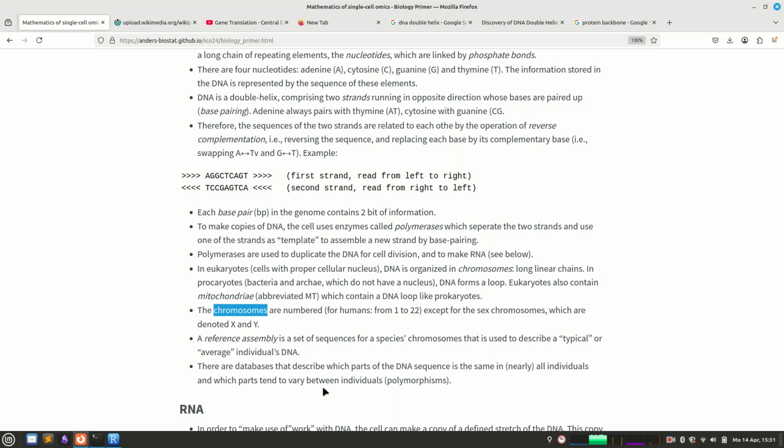So it makes sense to write down the typical sequence of chromosome number 1 of a human, which is then simply a text file with 100 million letters, which are either A, C, G, and T. And you can download exactly this as one long text file just with As, Cs, Gs, and Ts.